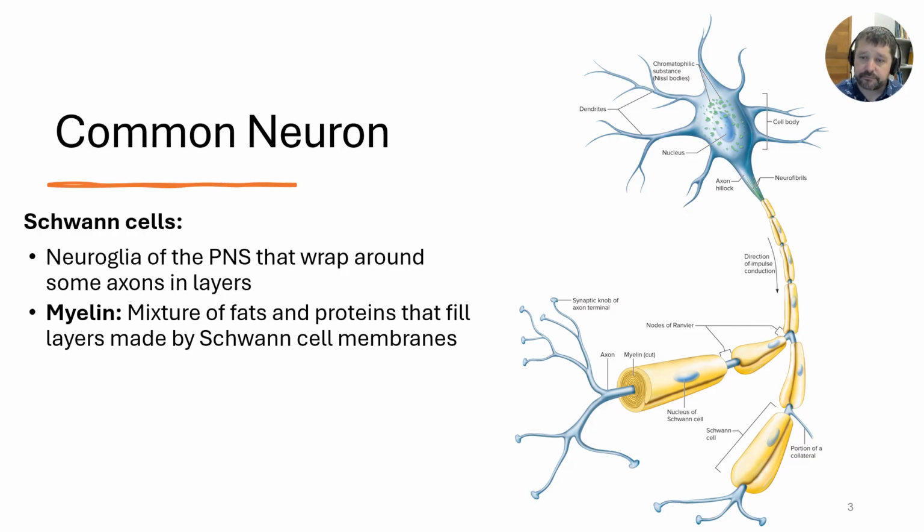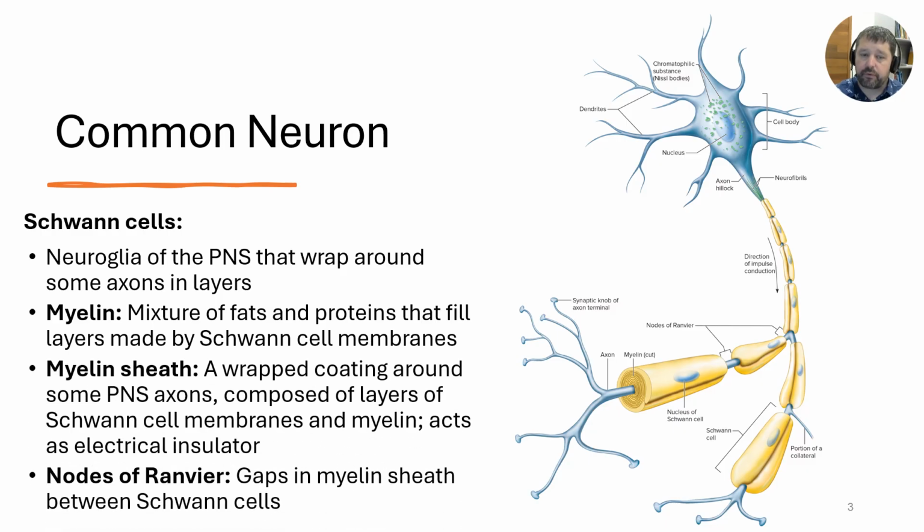Same deal here with the myelin, which makes up what we call a myelin sheath, a wrap or a coating that surrounds the axon. It is composed of both the Schwann cell and the myelin material, which protects the axon but also limits what can enter and exit in this region, which is where the nodes of Ranvier come in.